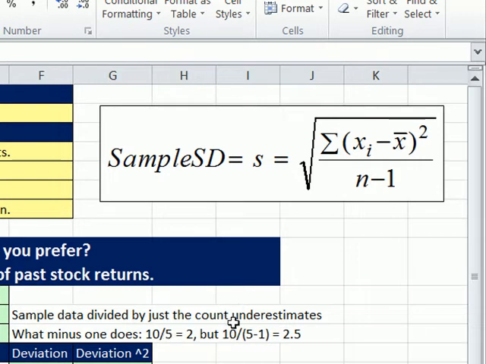It would be 10 divided by 4, it's 2.5. Oh, so what does that minus 1 do? It actually pushes up the result just a little bit. So if sample data divided by the count tends to underestimate, then the minus 1 is an adjustment that brings up the number just enough to make it more accurate.